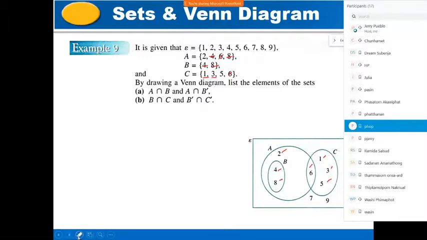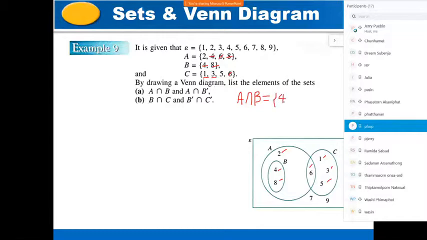Okay, now we will answer some questions. Question letter A: A intersect B and A intersect B complement, not in B. What is A intersect B? What are the elements of A intersect B? Of course, this one, no? We have 4 and 8, right?